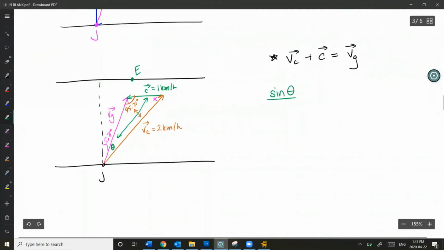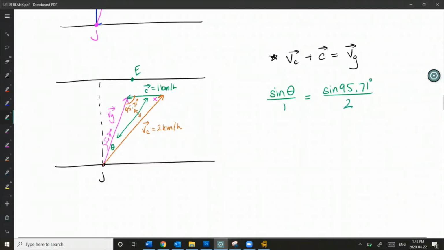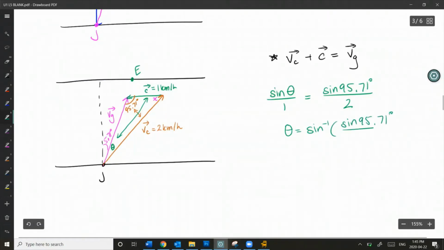Sine of theta over 1 is equal to sine of 95.71 degrees over 2. Now, of course, I don't really need to put over 1 here, but usually if this is anything other than 1, we do want to put that side length there. So when I go to isolate for theta, I'm really just doing the sine inverse of sine 95.71 over 2.